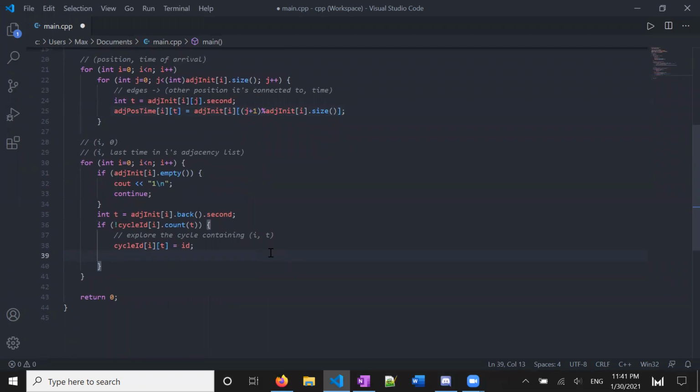But anyways, from this position, we're going to walk along the cycle.